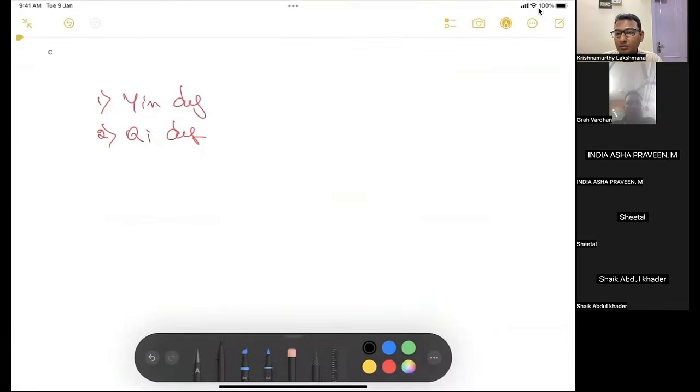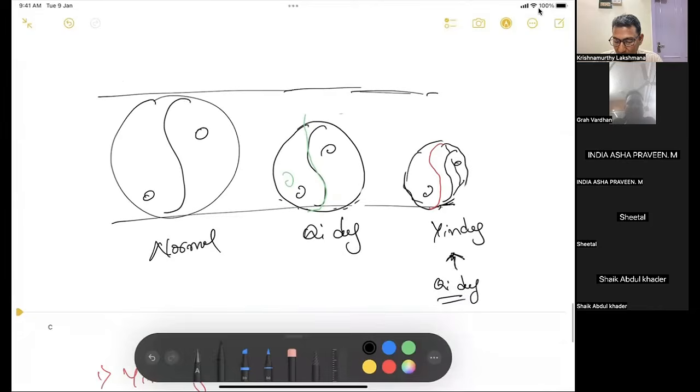So can we apply the Yin deficiency and Qi deficiency protocols simultaneously to the patient? No. How can you apply? When we give the Yin deficiency protocol, what are we trying to do?